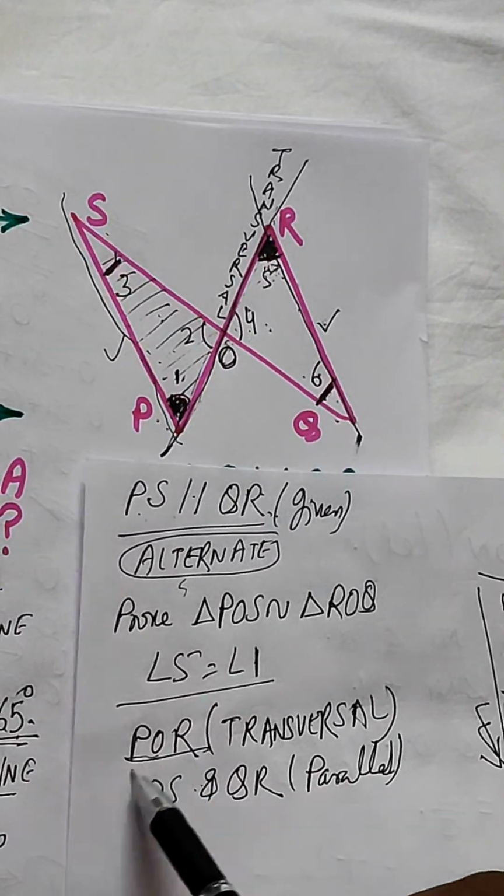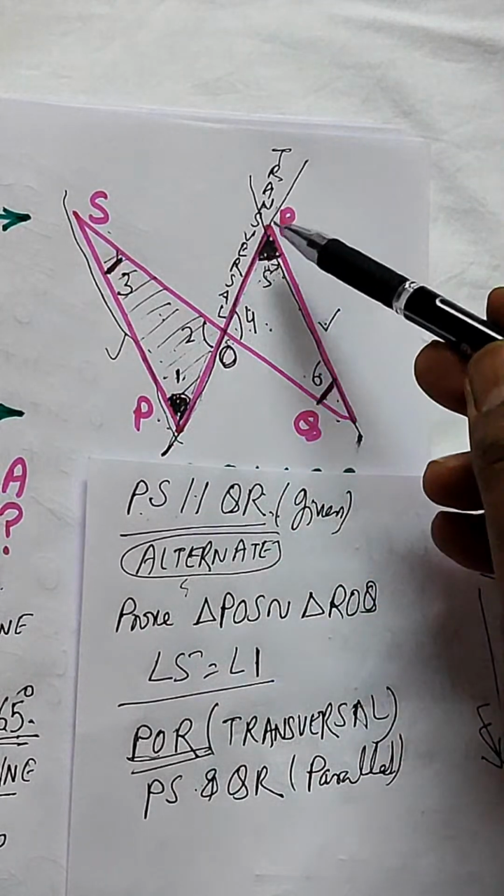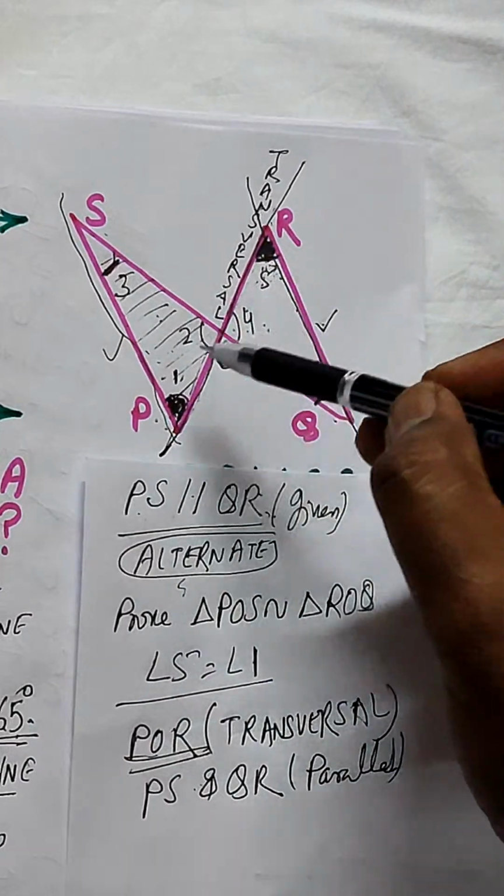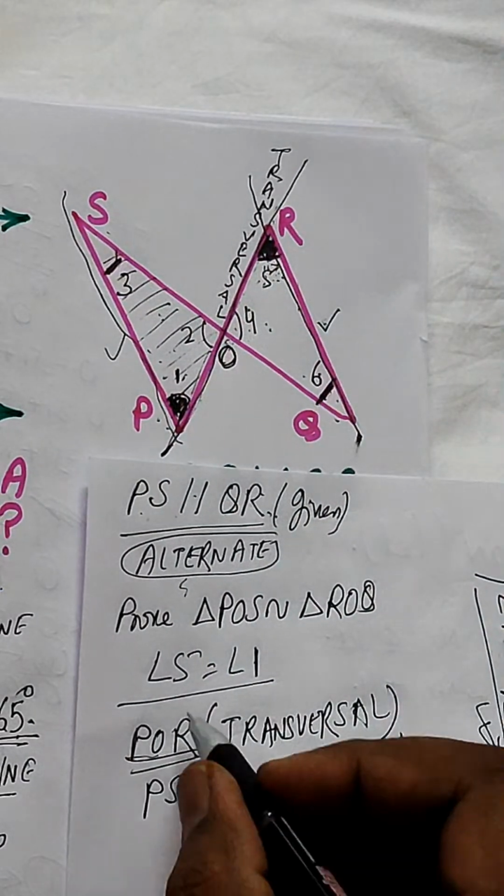So if POR is the transversal, then angle 1 will be equal to angle 5.